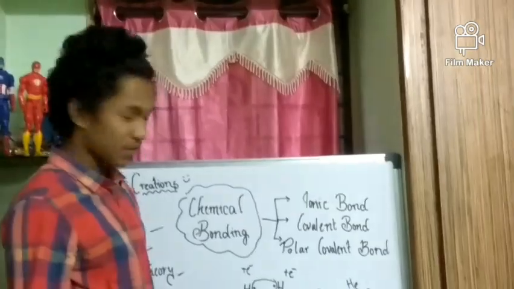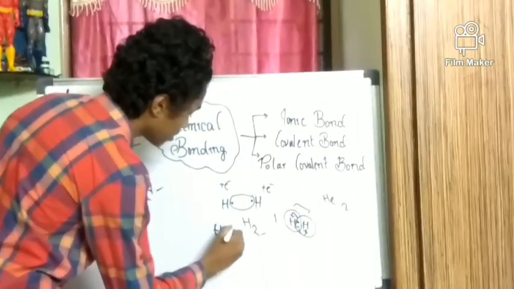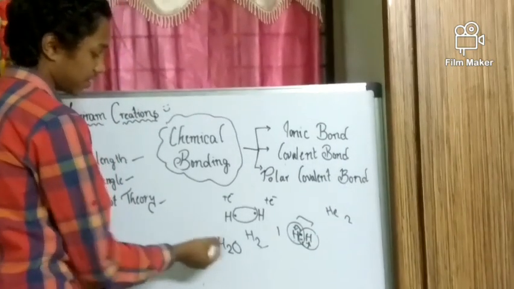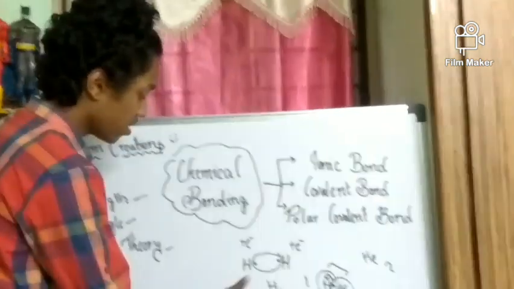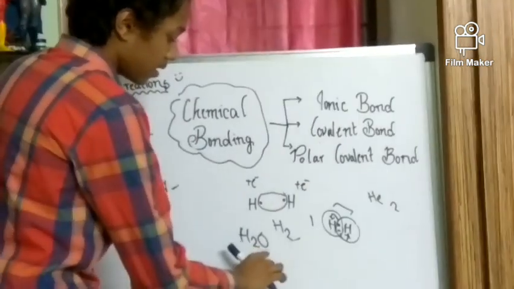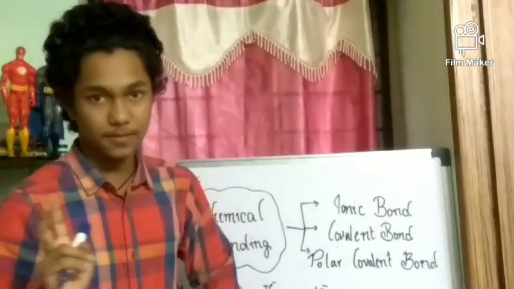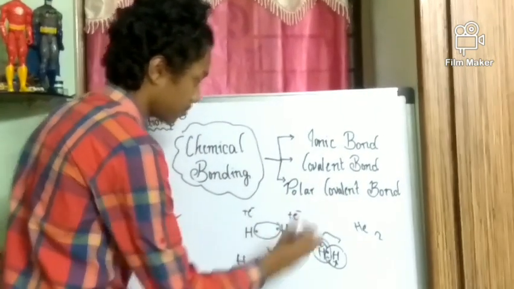And what is polar covalent bond? Here it comes. Let's go to the H2O molecule. This is known by everyone. This is water molecule, so it's a very easy example. Now here, oxygen needs 2 more electrons to get stability. I'll show you.